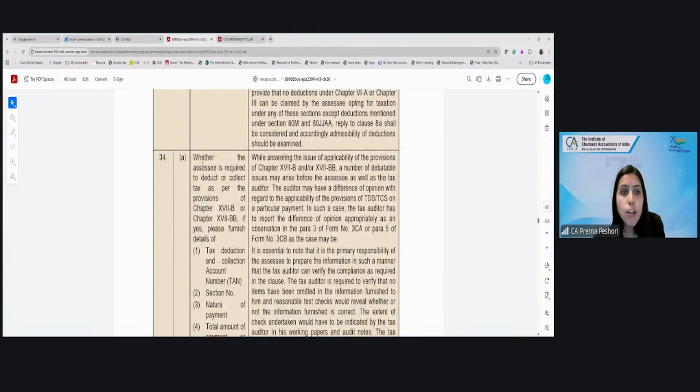Okay. Clause 34 is whether the assessee is required to deduct or collect the tax as per the provisions of the TDS and TCS.